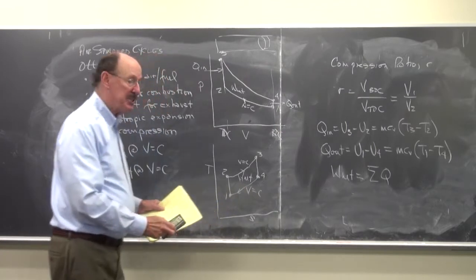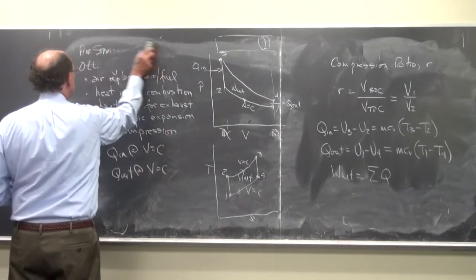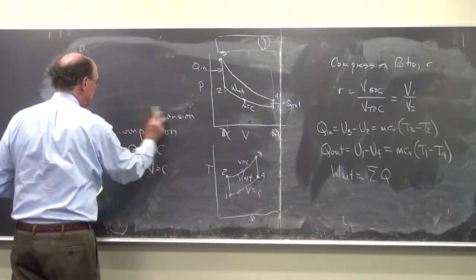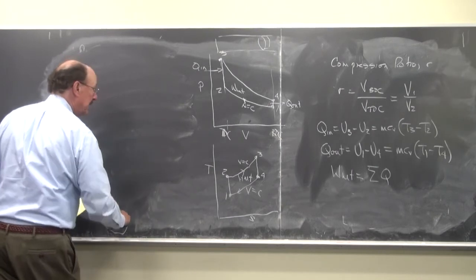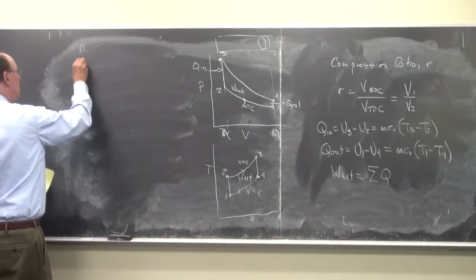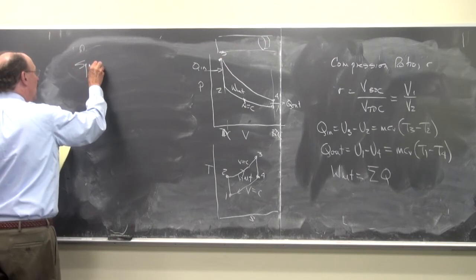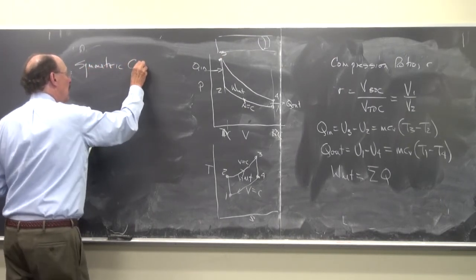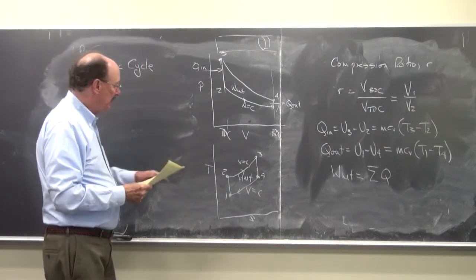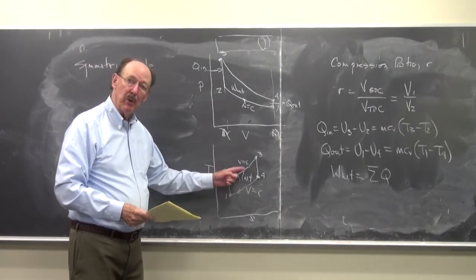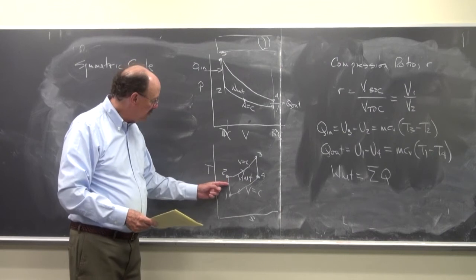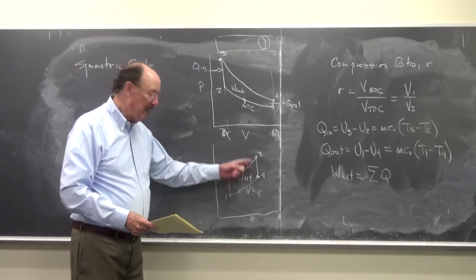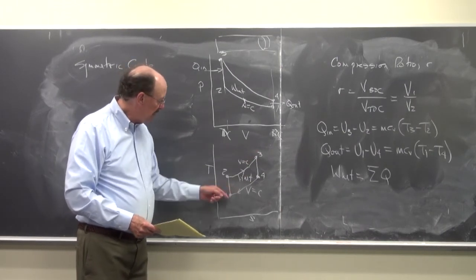And we have a symmetric cycle. In the text, it goes through the development of this. But basically, it's a symmetric cycle. And by that, I have the heat in and the heat out both at constant volume, and I have isentropic expansion and compression.